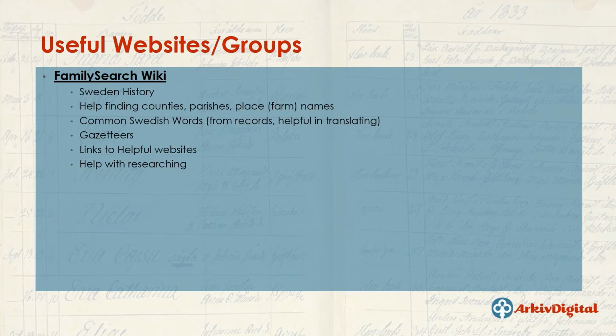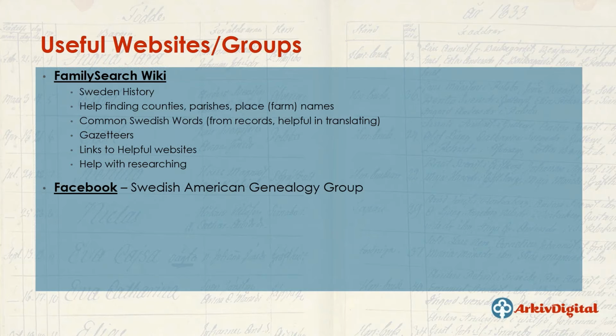It'll give you help finding the counties, parishes, and the place names. It will give you translation of common Swedish words, also different types of occupations. There's many gazetteers on there that will help you. And there's another page on there with a list of helpful websites. And it's just great to help with your research.